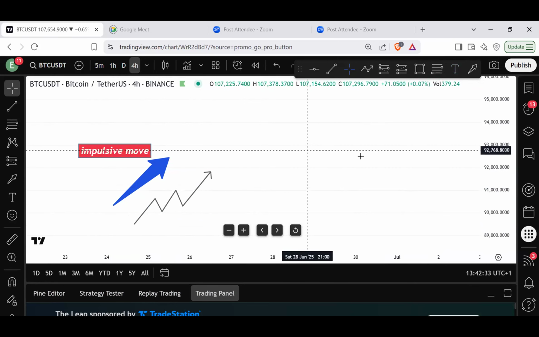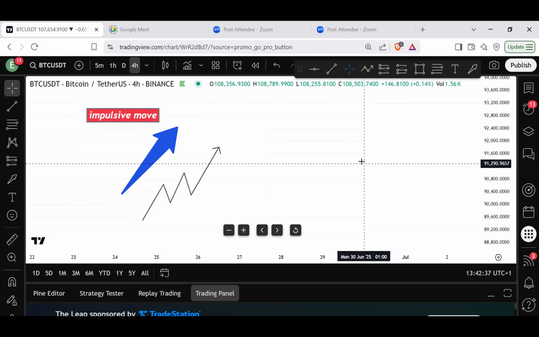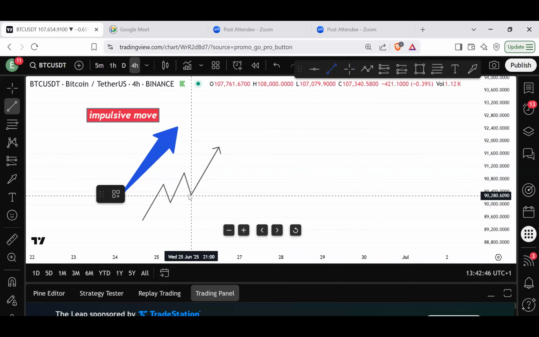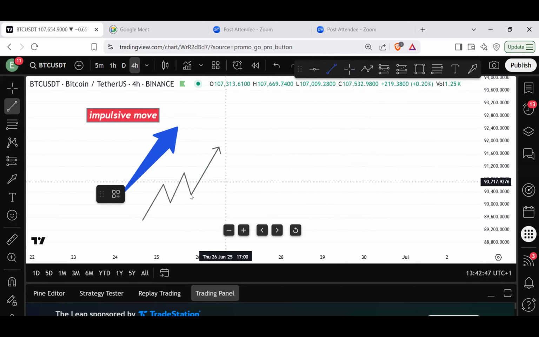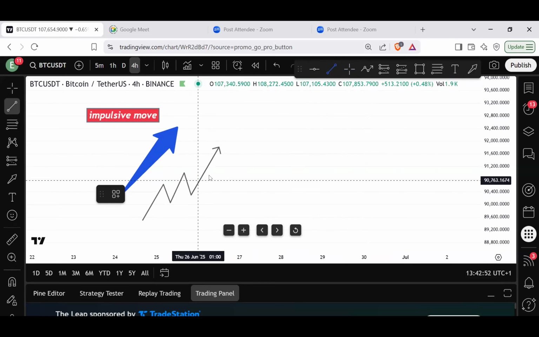So the next thing that follows the impulsive move is correction. The way we know that a correction is done is when price takes out the low of the back.